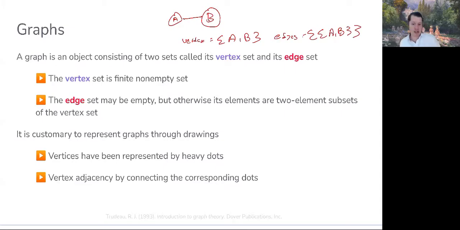Vertices are going to be represented by a heavy dot, or in the case of everything I'm doing here, a circle with the label of a particular vertex inside of it. And then relationships between those different vertices would be made clear by connecting the vertices in a particular relationship with a straight line or edge.